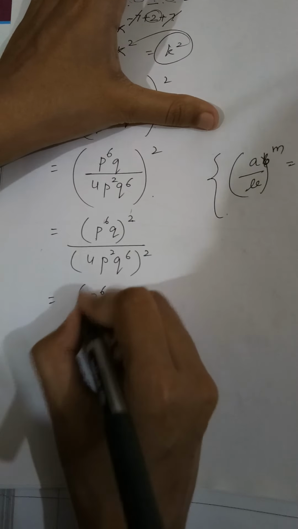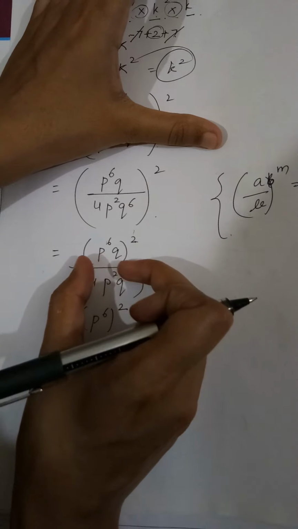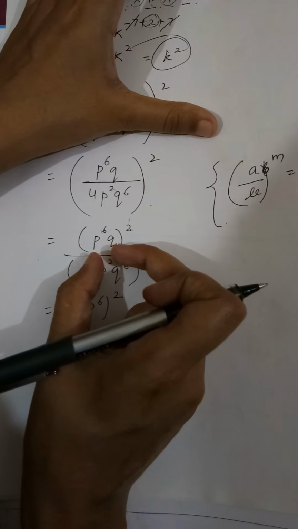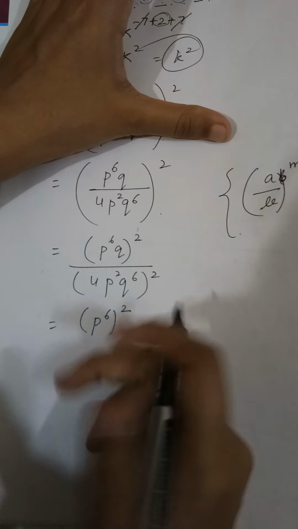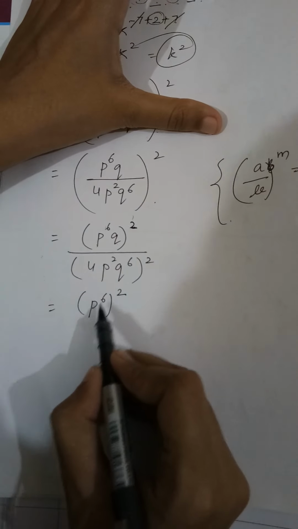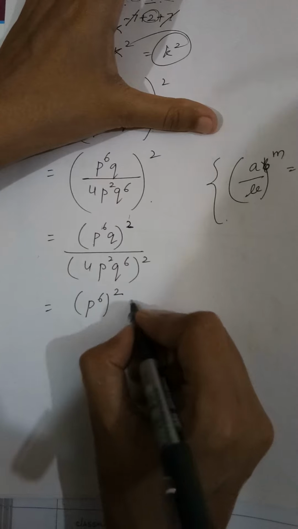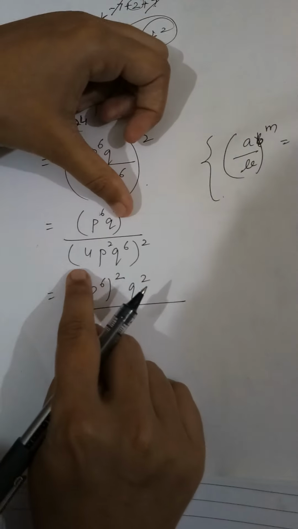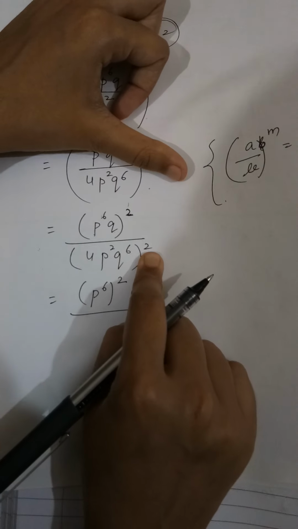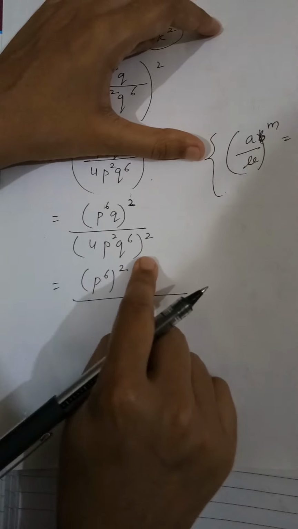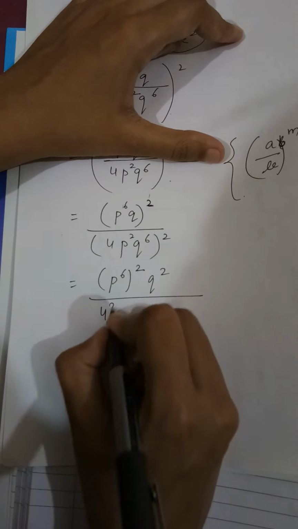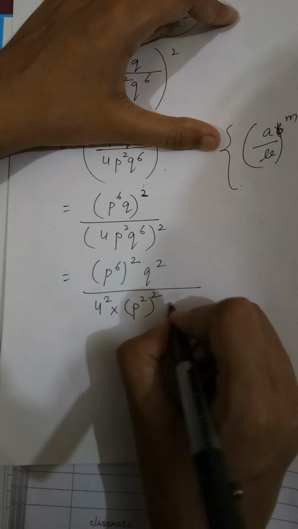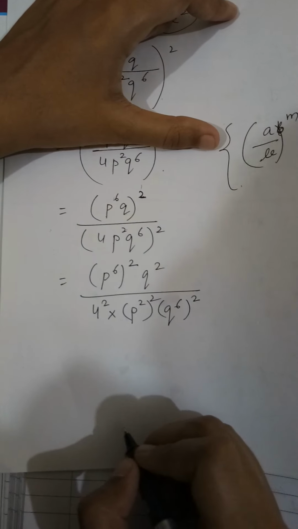Now p to the power 6 whole square. This 2 is in combination with these two numbers, so I am going to write this 2 separately as a power. P to the power 6 whole square q square divided by, now here also with each number inside the bracket I am going to place this 2 as the power: 4 square, p square whole square, and then q to the power 6 whole square.